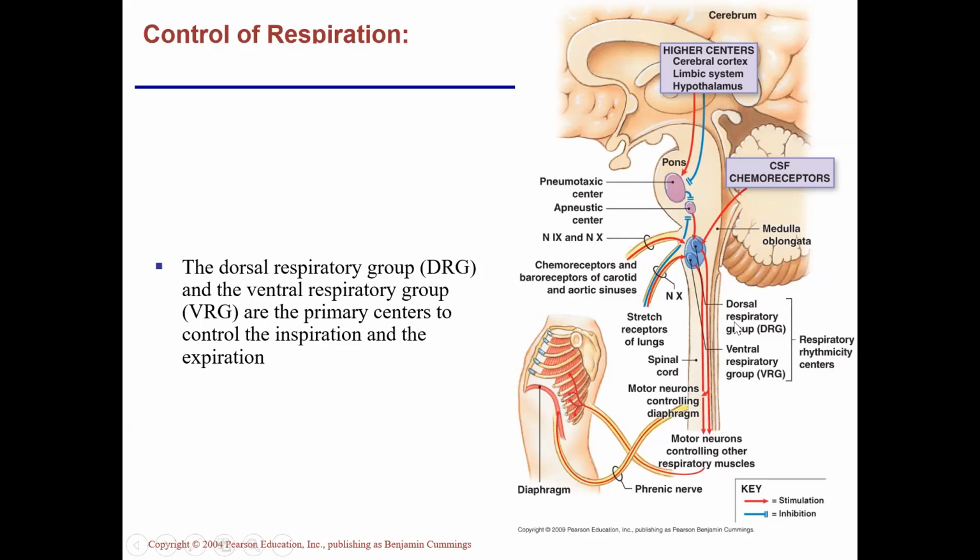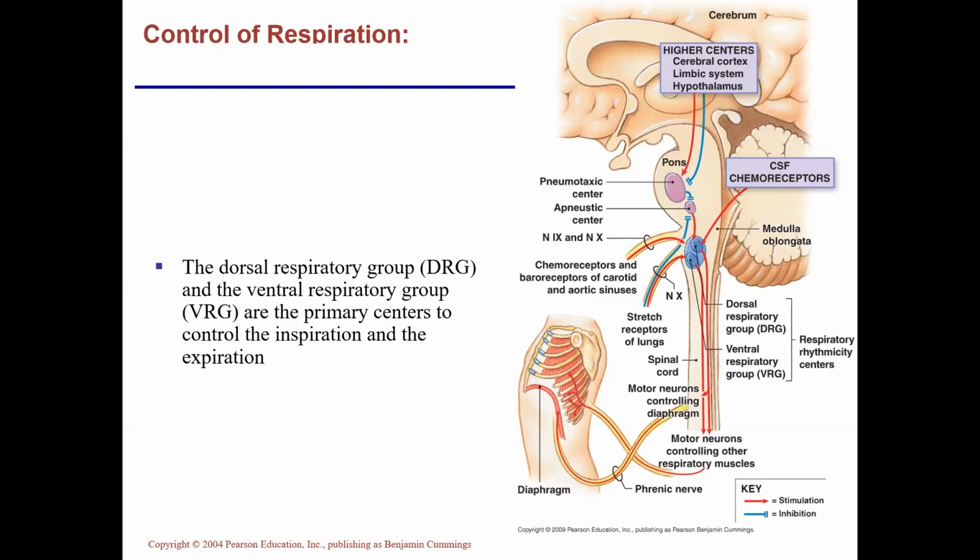The most important part is in the medulla, the medulla respiration centers. And then in the pons we do have a respiration control center, which will continue to monitor the function of the medulla respiration centers.